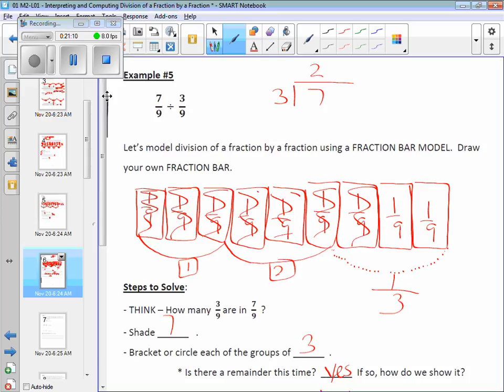What's 3 times 2? 1 left over, 2, and 1/3. The remainder is the numerator, and outside the house is your denominator, 2 and 1/3.